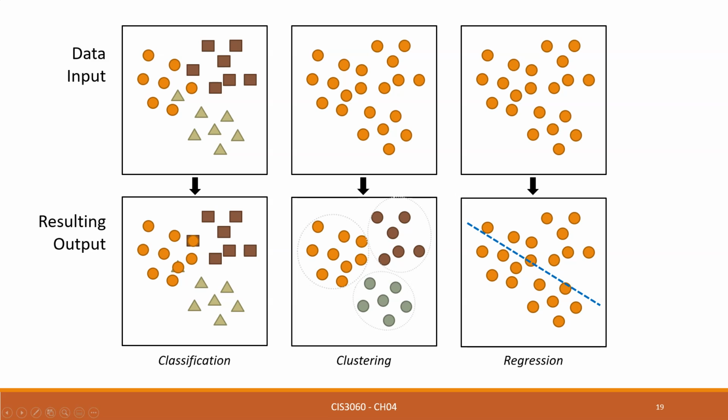So a classifier would look at the patterns within the data and start to say that all the data in this grouping here are going to be circles, everything that's here is going to be squares, and everything here is triangles.